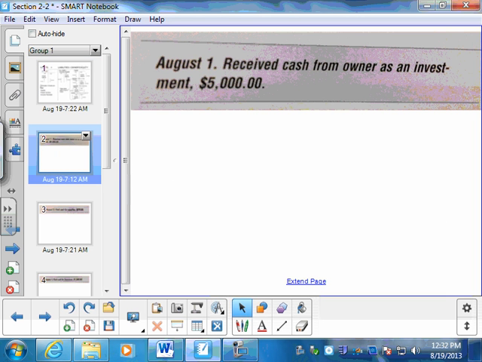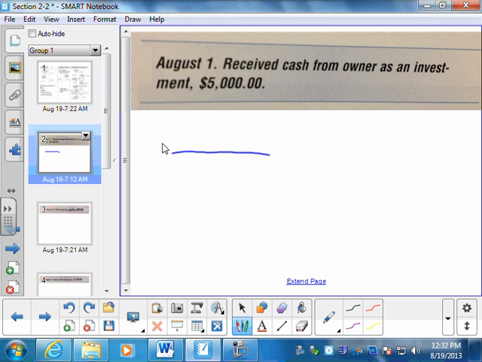The first one says, received cash from owner as an investment, $5,000. So the first thing you're going to say is, okay, what two accounts are affected? And we did this last week. We know the two accounts that are affected are cash, because the company received cash, and the owner's capital account.